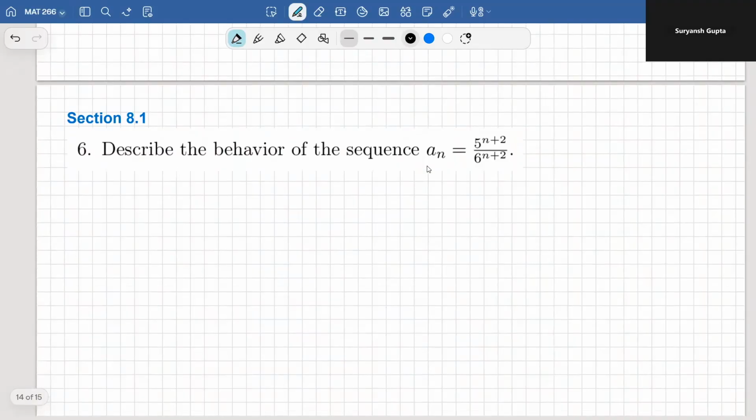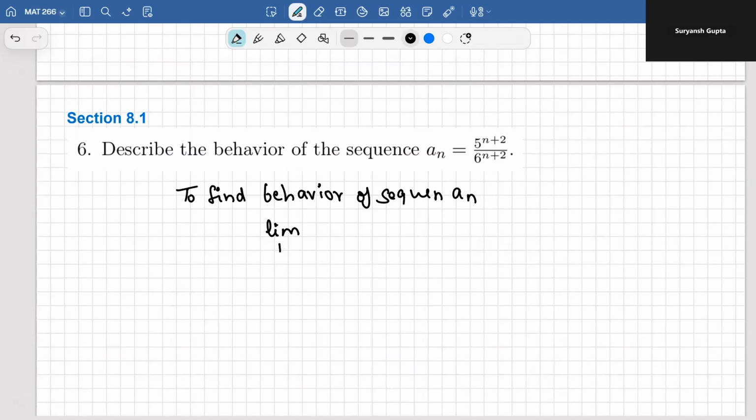For the next question, it's asking us to describe the behavior of the sequence a_n equal to 5 to the power n plus 2 divided by 6 to the power n plus 2. So to find the behavior of sequence a_n, we find it using the formula limit of n tends to infinity of a_n.